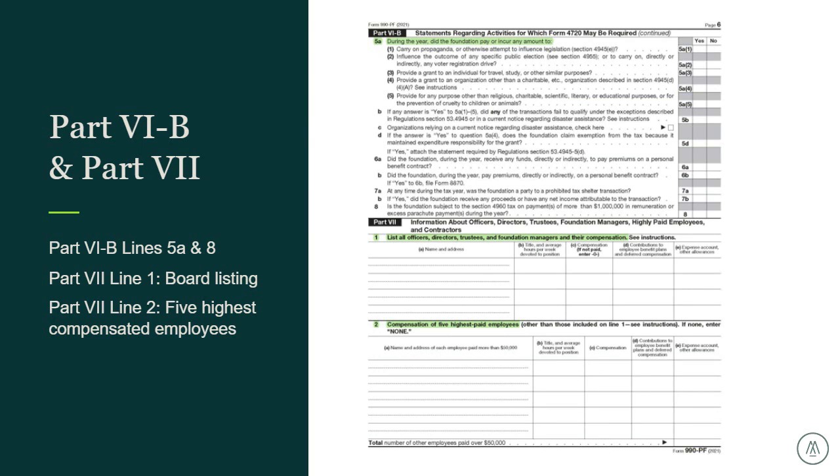And then question 4 asks about grants to organizations, and answering that yes, of course, would also need a further explanation, and that's where the expenditure responsibility statement would provide required details, and we'll go over those in the next few slides.